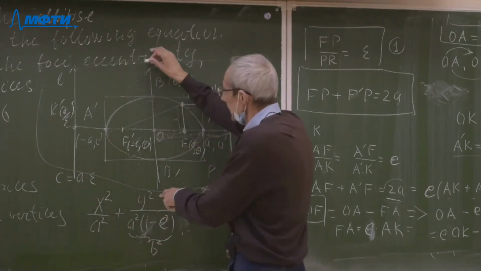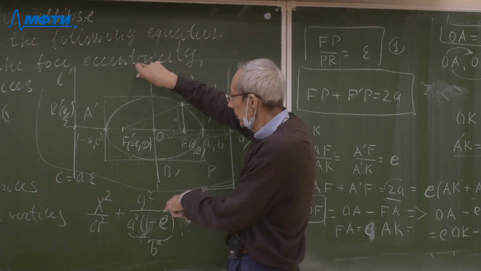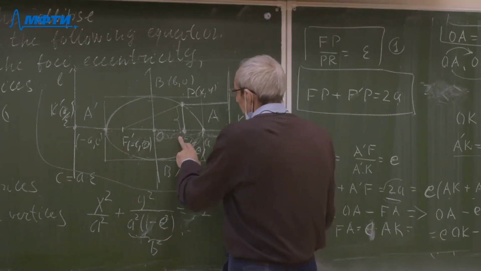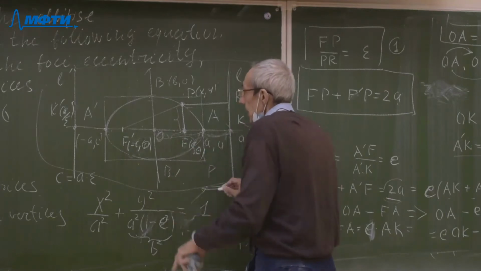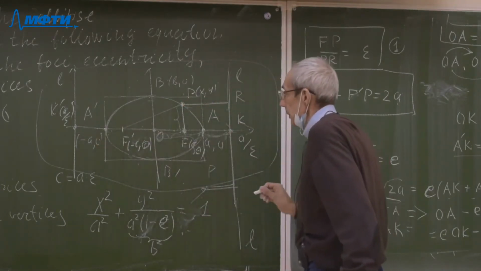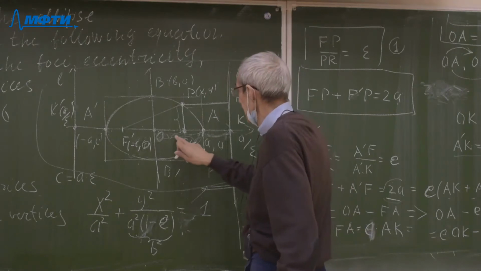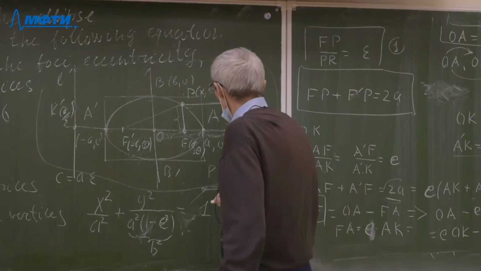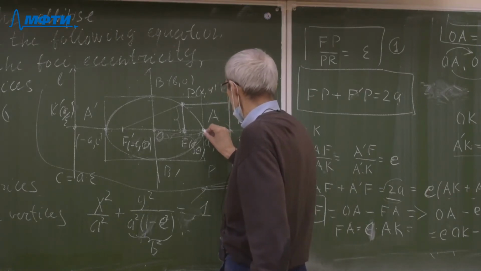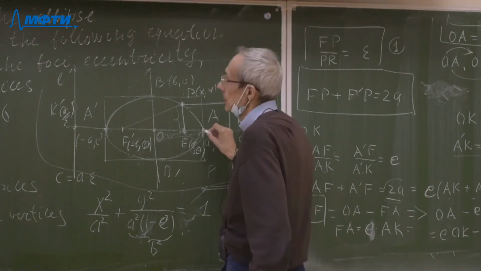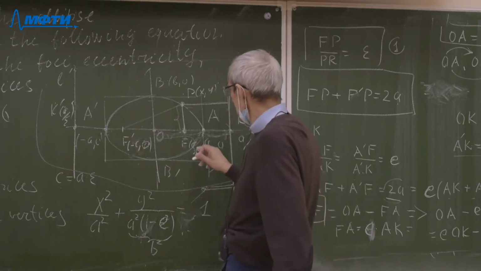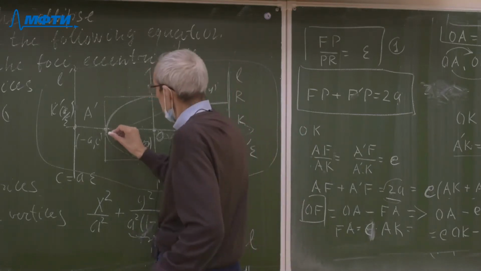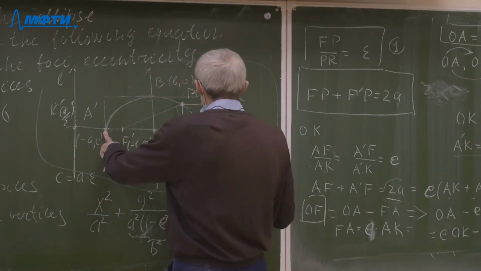We introduce the coordinate system in the following way. We have point F and straight line L. We can draw the perpendicular to our straight line, which passes through point F. On this perpendicular we have some point A, which belongs to our locus, our curve, and also another point A prime, which also lies on this straight line.